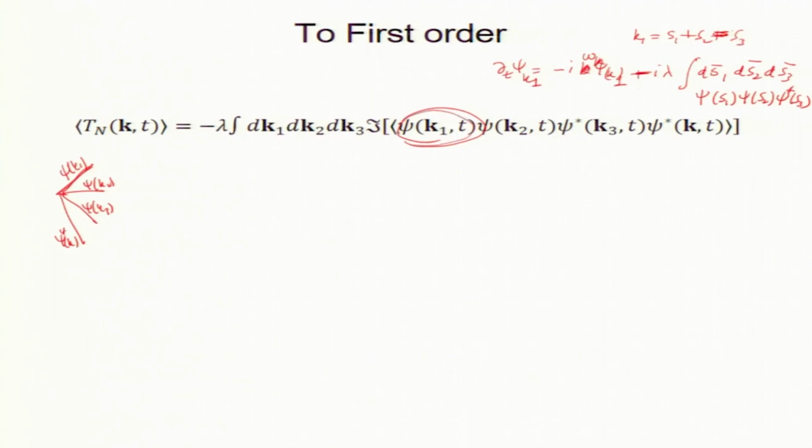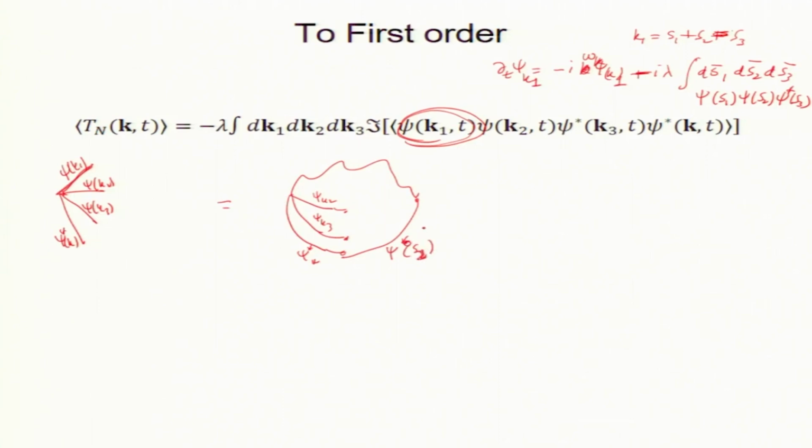So, I am expanding this into the Green's function. So, this is what I have done, Green's function, and I got 3 psi's here and 3 psi's in the left, psi k2, psi k3 and psi star k. Okay. So, now 3 guys will come from the right, 3 guys will come from the left. There are many possibilities of putting them together. Okay. So, one possibility is that this is acting as psi star s3, or you can put psi star psi s2.